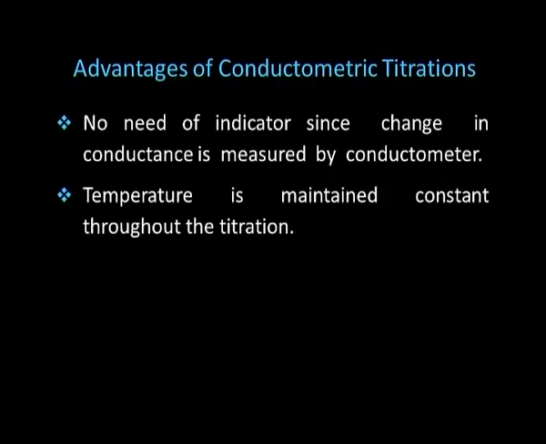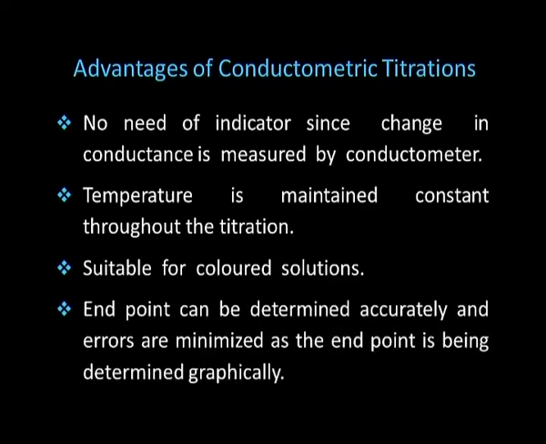But here there is no need of indicator, because we are measuring conductance of the solution. Temperature is maintained constant throughout the titration. It is suitable for colored solutions where indicator does not show clear change in normal titration. Endpoint can be determined accurately, and errors are minimized as the endpoint is being determined graphically.